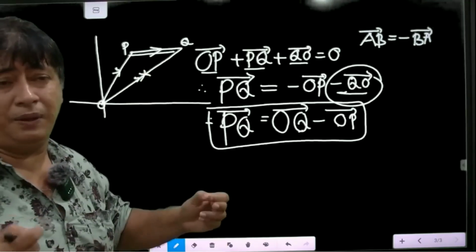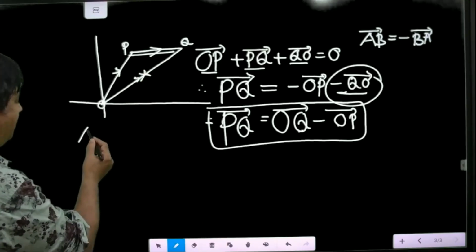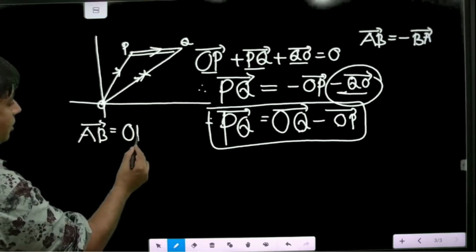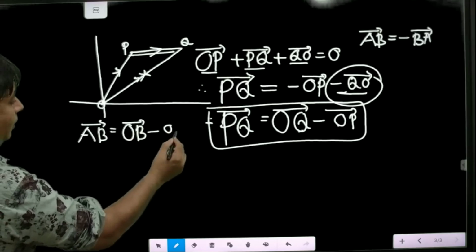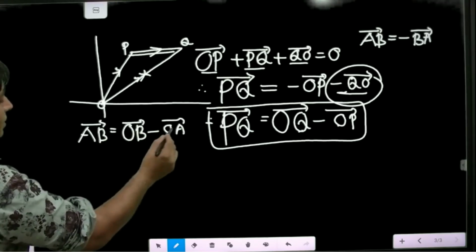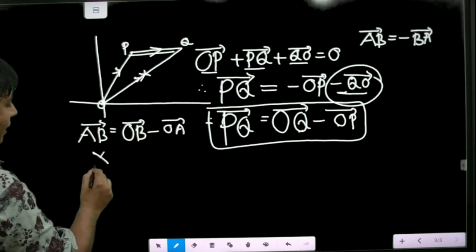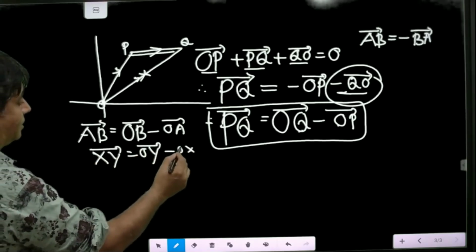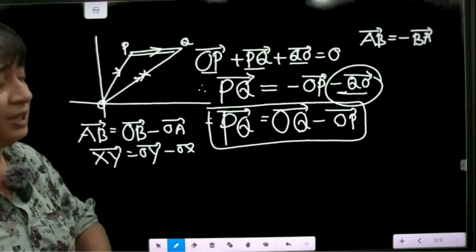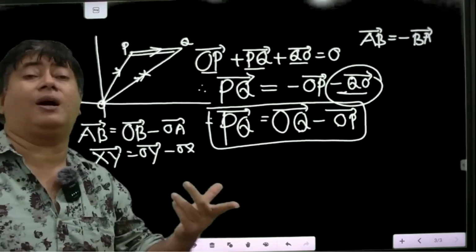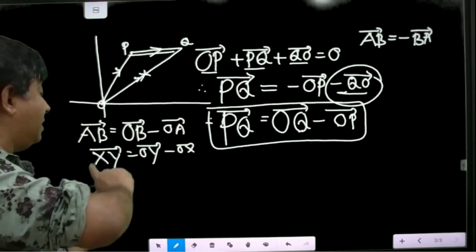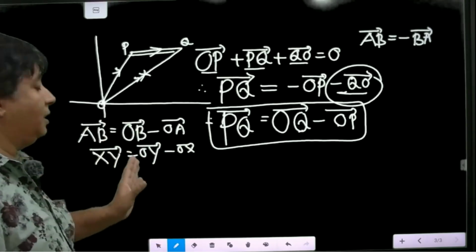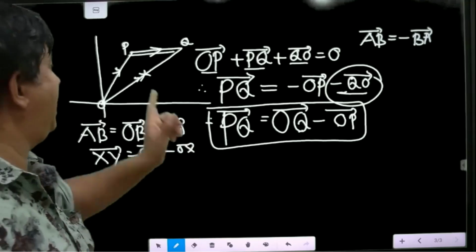Okay, keeping parity, we can split the vectors in this way with respect to origin. OP minus OA, final minus initial, like XY vector, I can write OY minus OX. So if you express the vector as the difference of two other vectors, which are measured with respect to origin, means position vectors, then you will not be confused in putting the arrow sign.